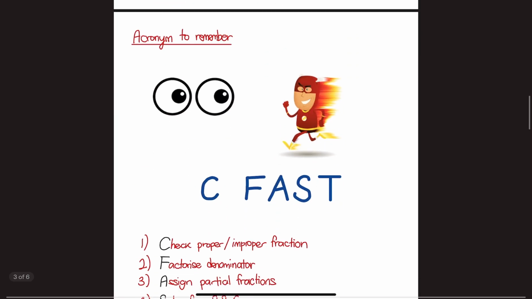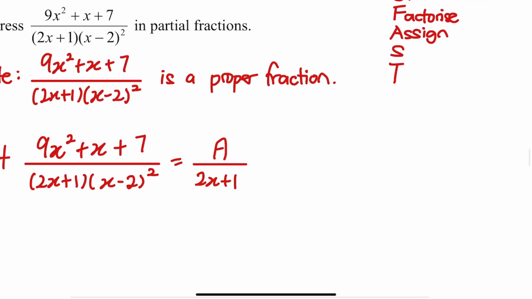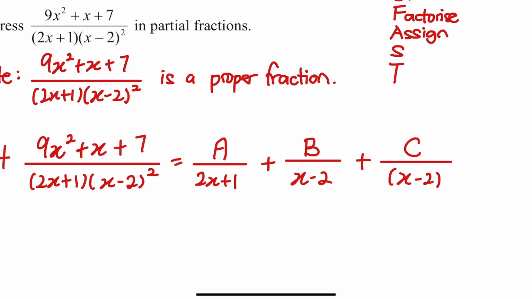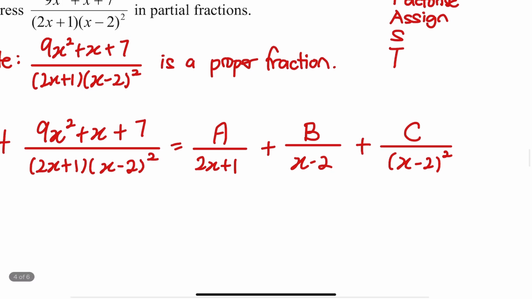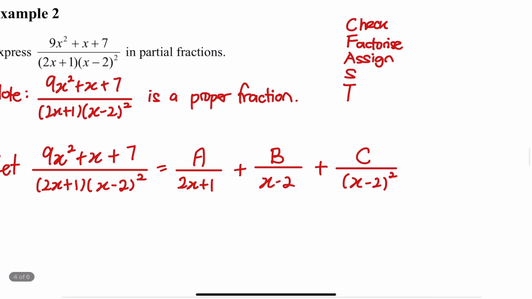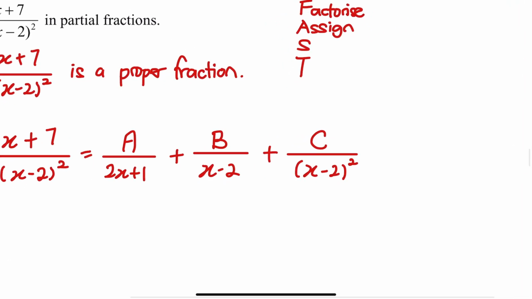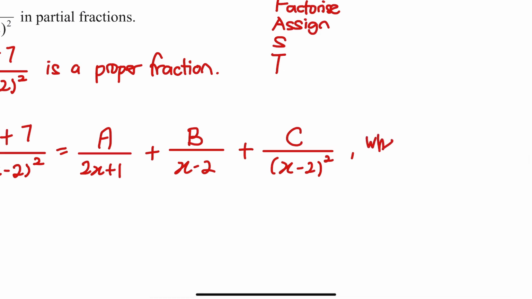So now, for the repeated linear factor, I'll use two other unknown constants, b over x minus 2 plus c over x minus 2 the whole thing square. Okay, then therefore from here, we have done part 3, which is assigning the partial fractions, where a, b, and c are constants.